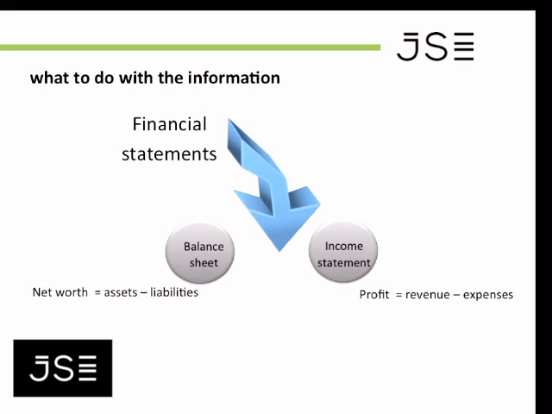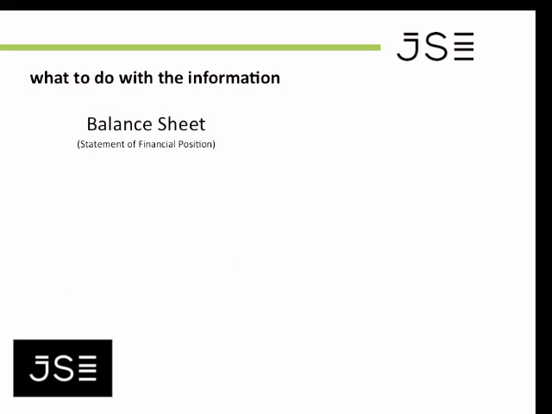And that gives you a clearer picture about the profitability of a company. So profit in a company is basically its revenues, also known as turnover or its sales, minus all its expenses. And then once you've got information from your balance sheet and your income statement, you can combine it in different ways to calculate different financial ratios.